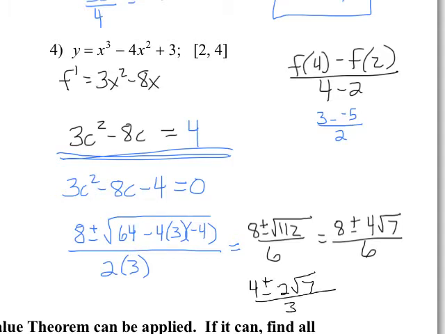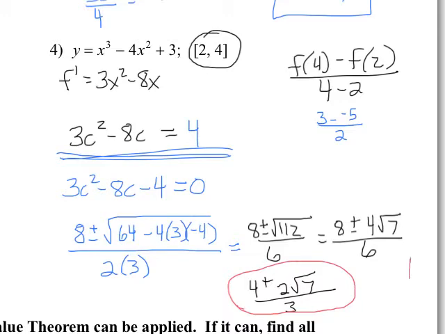Now we say plus or minus, but if we go 4 plus 2 root 7 over 3, we're in the interval. However, if we go 4 minus 2 root 7, we're actually outside of the interval. So the only value that we care about is the 4 plus 2 root 7 over 3. So we want to make sure that the values that we find are all within the interval.